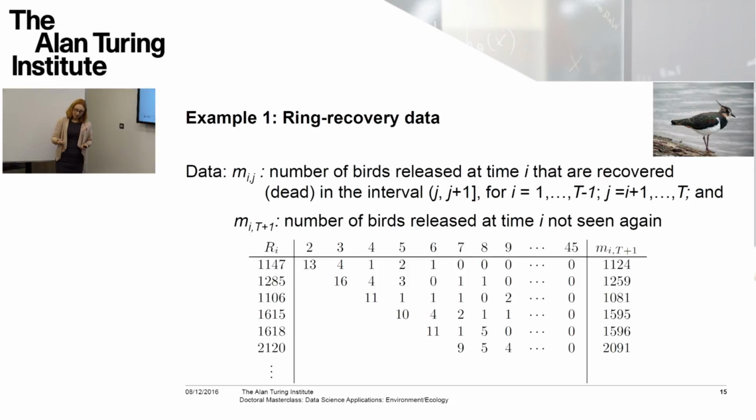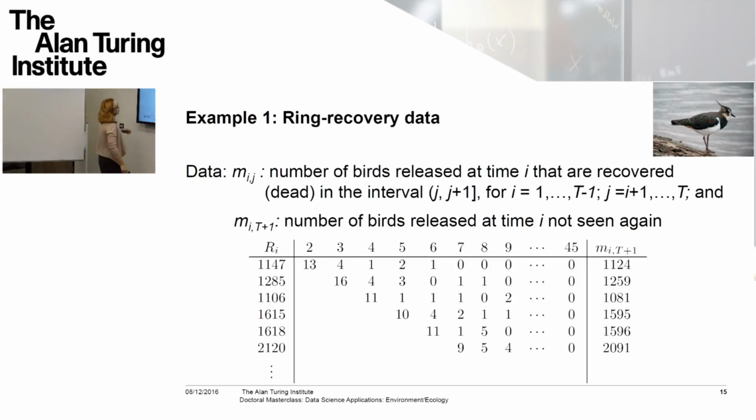Then if an animal dies, there's an address on the ring on its leg that says, please send back to somewhere. Someone sends that back to where they found the dead bird. They get the ring, and they record, okay, we know that the bird must have died because we found the ring, and we know when it died. Then they just count up the number of rings that have been returned after they've been released.